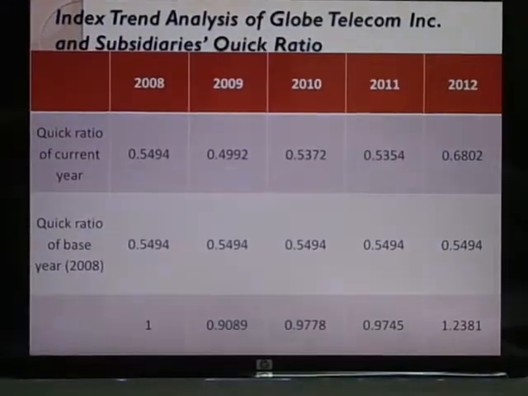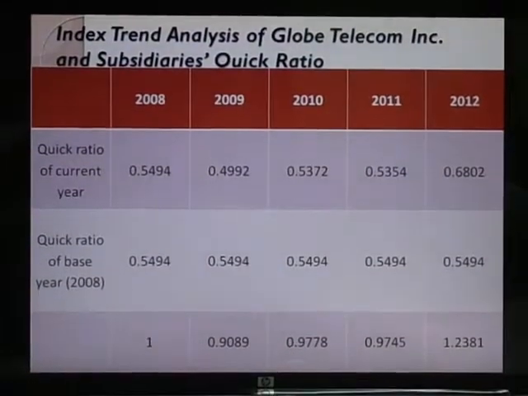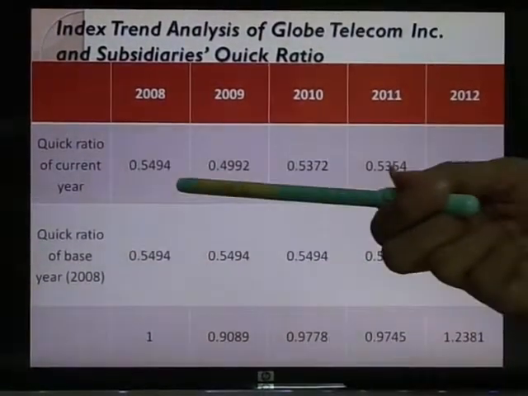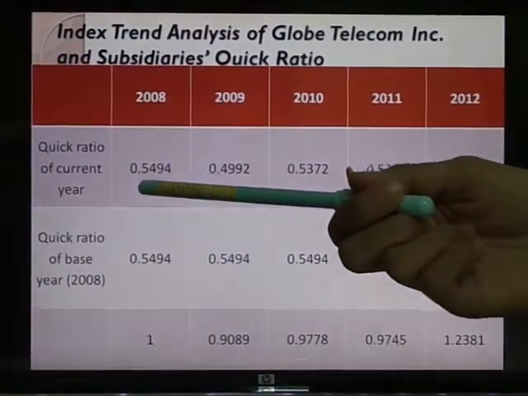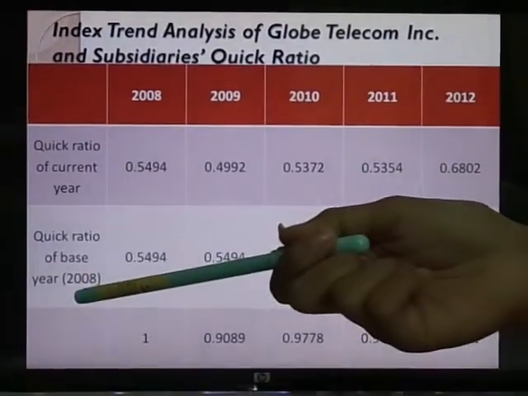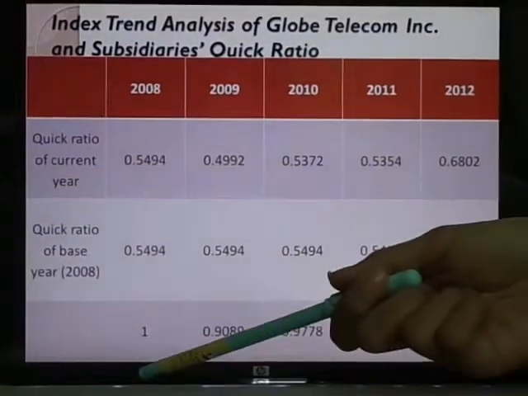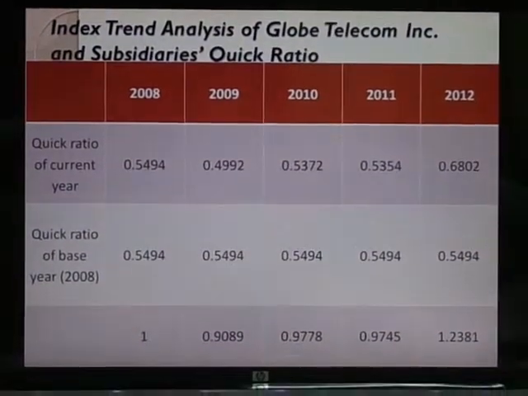And for the quick ratio of the Globe Telecom, again I use the formula, and the quick ratio of the current year, I divide it by the quick ratio of the base year, which is 2008, and I get these answers, which is increasing.